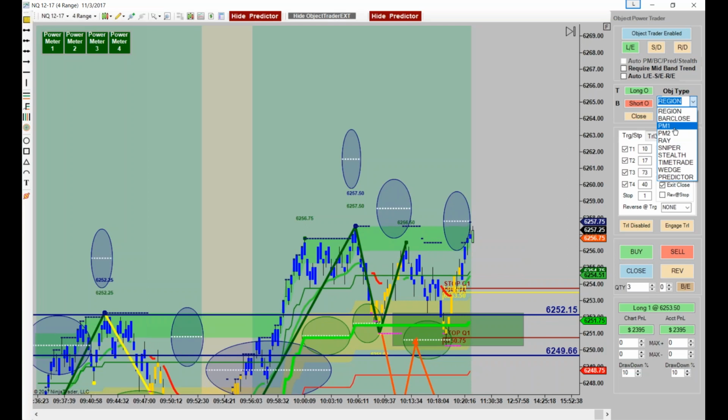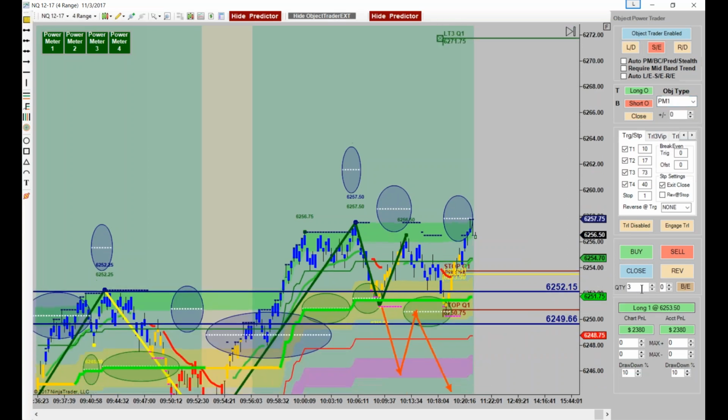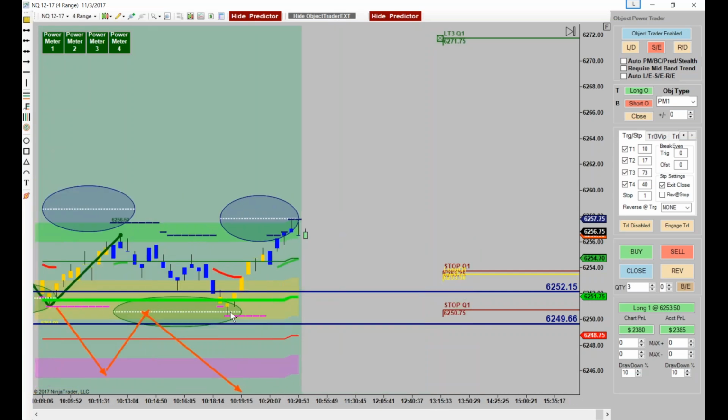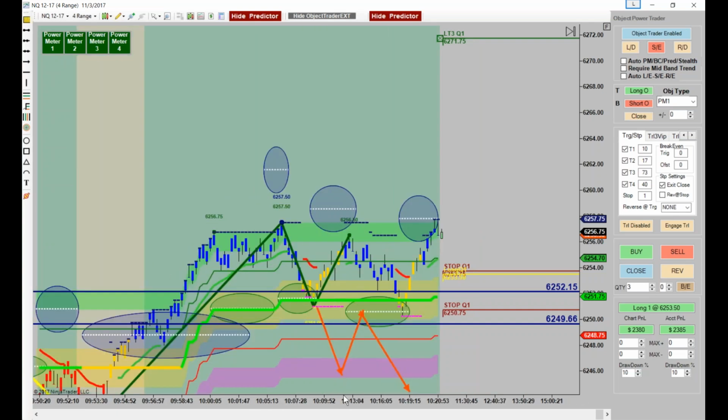And you could even turn on lightning 1 short to get rid of 1 if it happens to do the lightning to the downside. We may still keep heading up, and that's fine, but see what I'm doing? I'm actually trusting lightning, thrust, retrace, thrust, retrace. If lightning breaks, then I'm going to be out of that trade. Okay, because we don't know if this is going to double top.